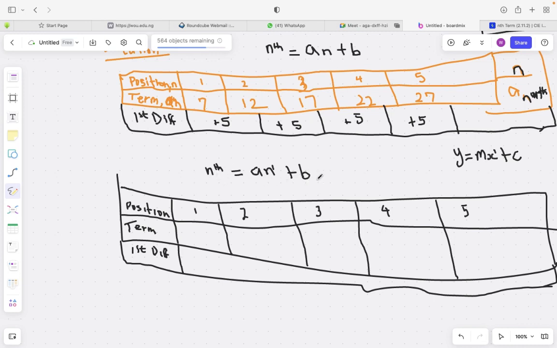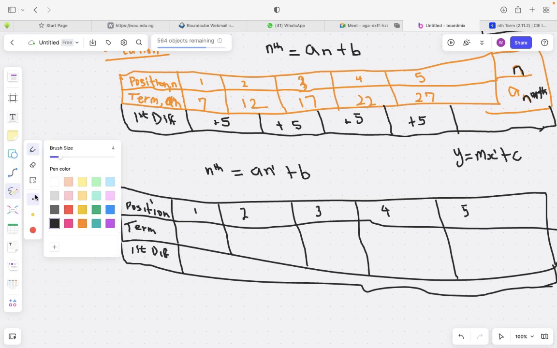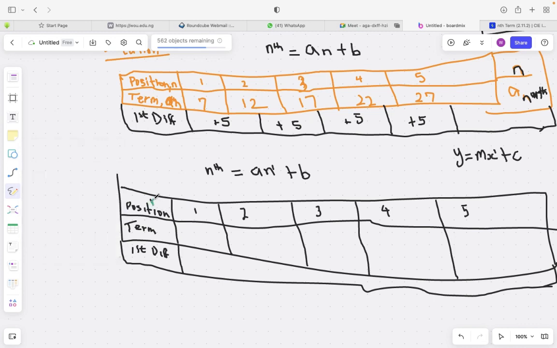So when you have a linear function, you define what is here where n is 1, because at position 1, n is 1. You know this position is also n.